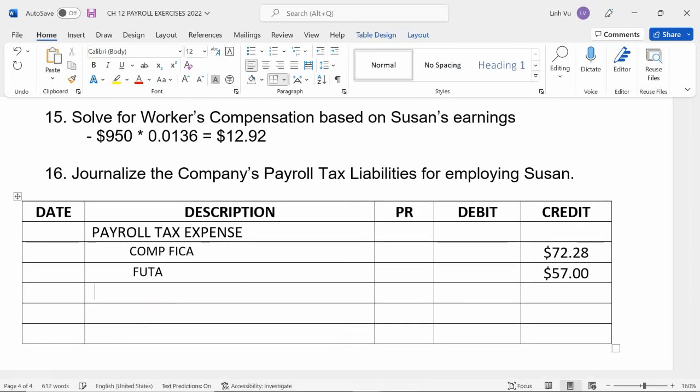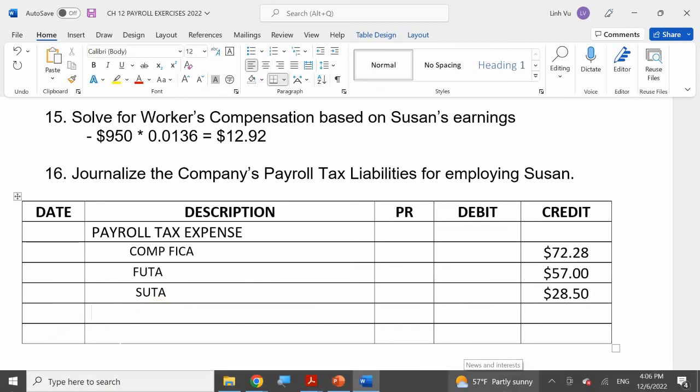SUTA, which we said was half of FUTA, is $28.50. And last but not least, how much was workers' comp? We said it was $12.92.